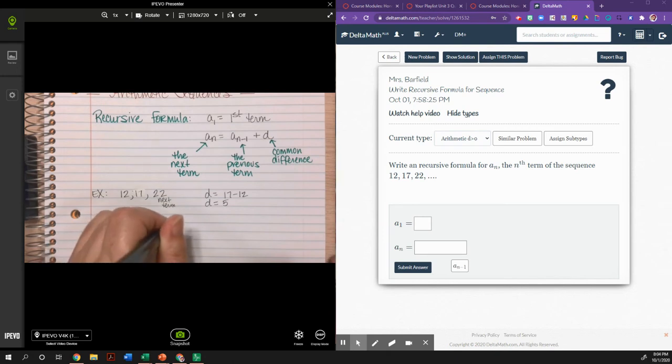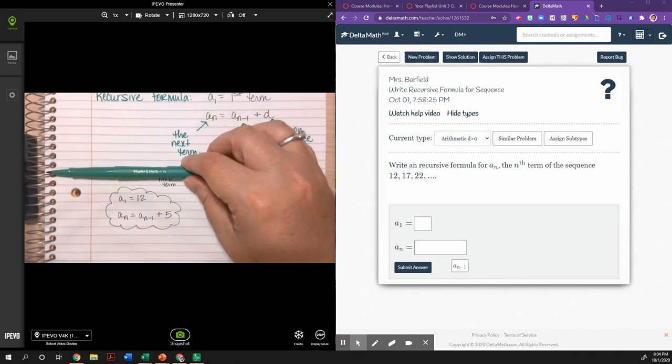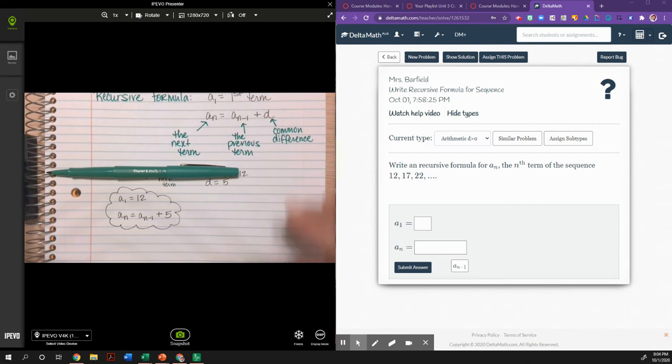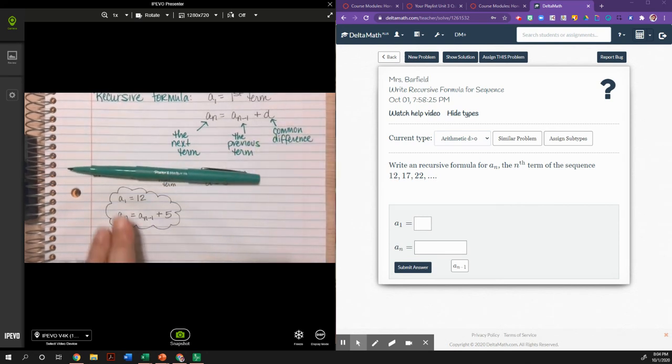So now let's talk about why this is important. If I were to cover up the sequence, pretend we didn't know what the sequence was at all, and we just had this information, I could take this information and make the sequence. The first term is 12.